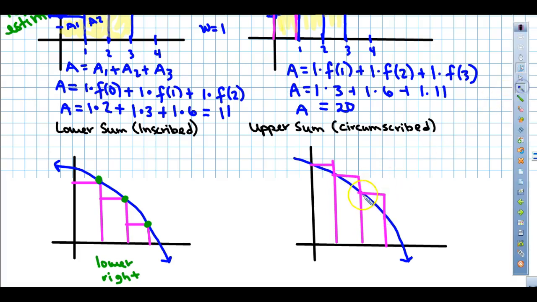So do you see how when I did these rectangles right here, they're above the curve? But look at what point is on the curve. It's the left top point. Okay? So this is an example of an upper sum that is a left Riemann sum. Okay? So left does not mean lower. Do not confuse that. Okay?